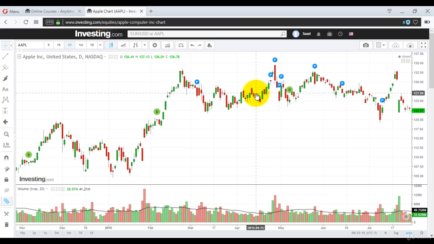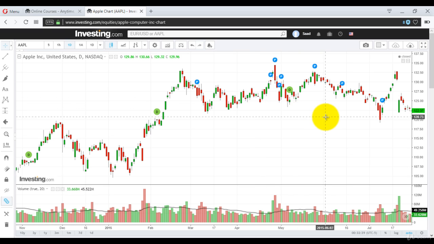The high of this green candle is 127.13 and the high of this red candle is 127.10. If you look at it, the red candle, the body is 10 cents, but the high is 80 cents. That's 8 times the body.